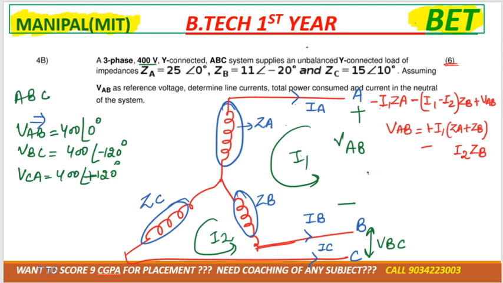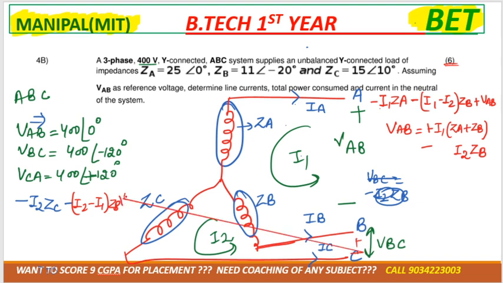Okay, now similarly tell me the value for VBC by applying KVL in mesh 2. So for the next mesh equation, minus I2 ZC minus (I2 minus I1) ZB, and then we'll have plus VBC.